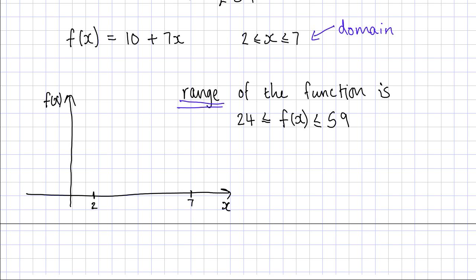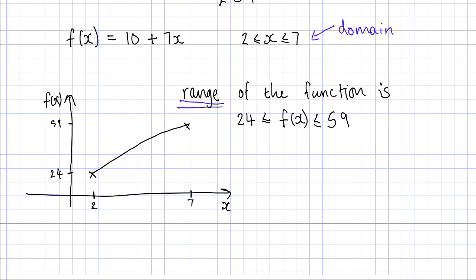When I input 2, I get a value of 24. When I input 7, I get a value of 59. So my function is between those two crosses.